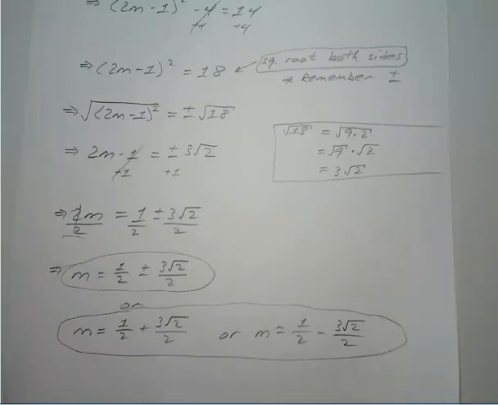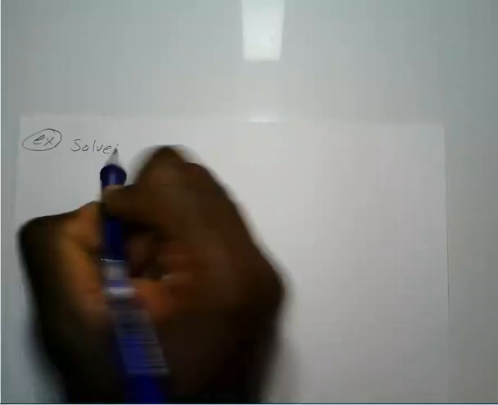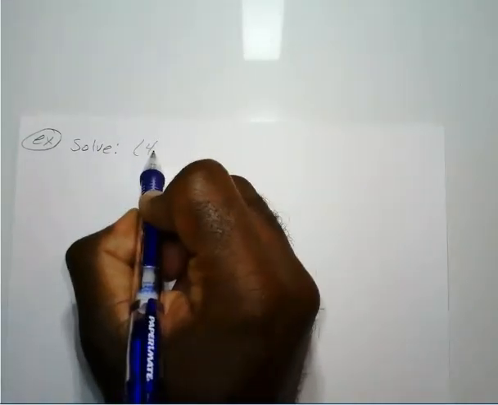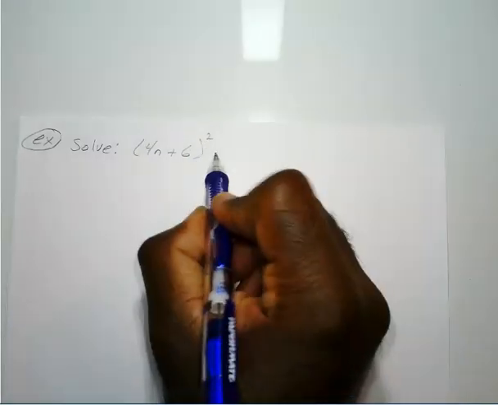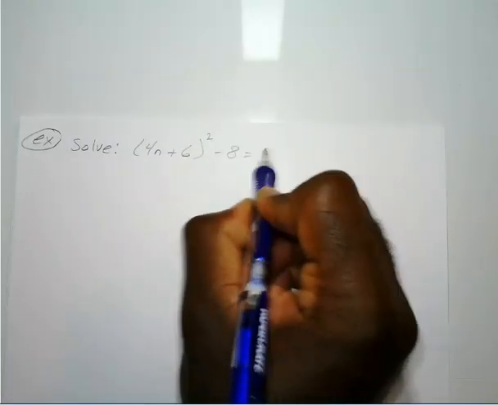Alright, so let's do one more example. What if we wanted to solve 4n plus 6 squared minus 8 equals 56?